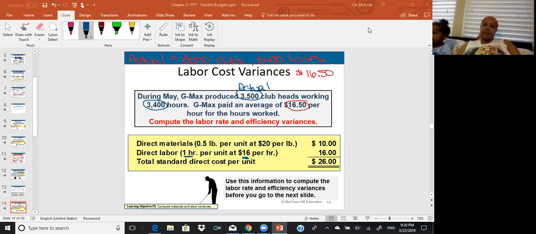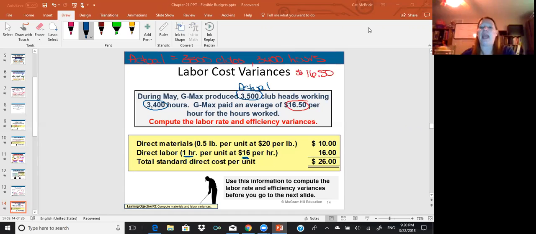Unfavorable. I was looking at materials. Yeah. Unfavorable, you're right. Because we actually paid $16.50. We planned to pay $16. So we know I have an unfavorable variance with that. Now let's think about how many hours we used. We actually used 3,400 hours. We plan to use 1 hour per club. We produced 3,500 clubs. So did I use more or less hours than I had planned?